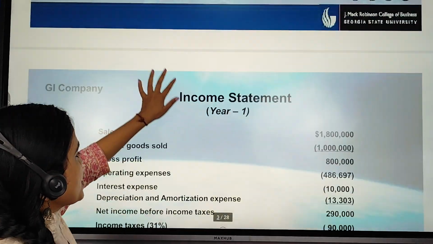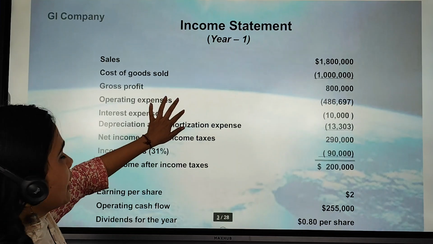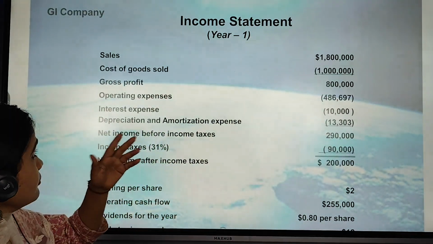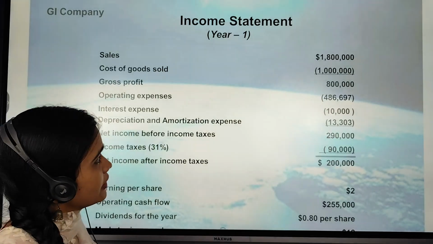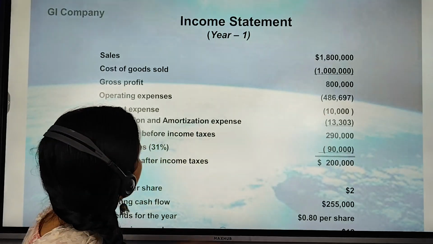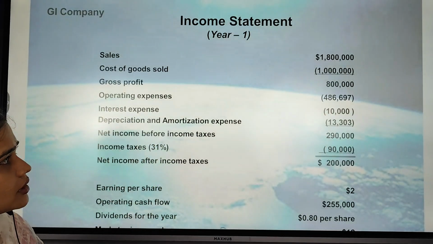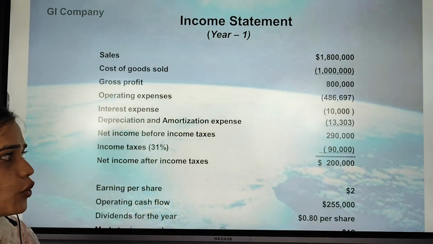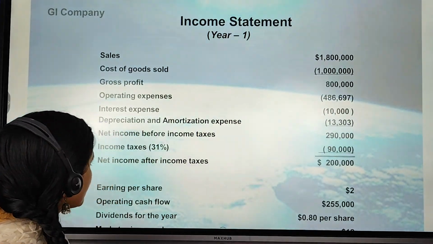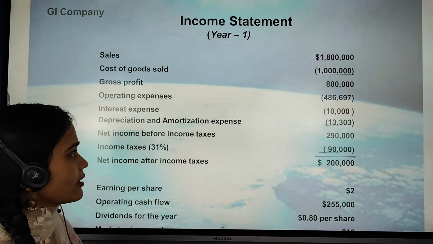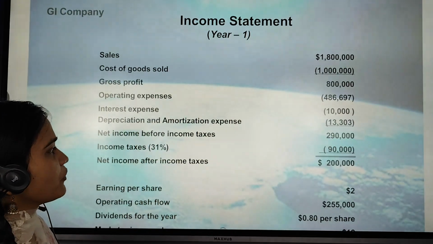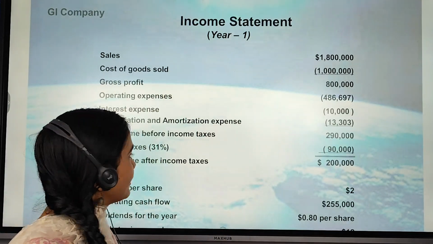Here is the income statement of a GI company, that is General Insurance Company. Sales are 18 lakh, cost of goods sold is 10 lakh, gross profit is 8 lakh, operating expenses are 4,86,697, depreciation and amortization expenses are 13,303, and net income before income and taxes is 2,90,000.